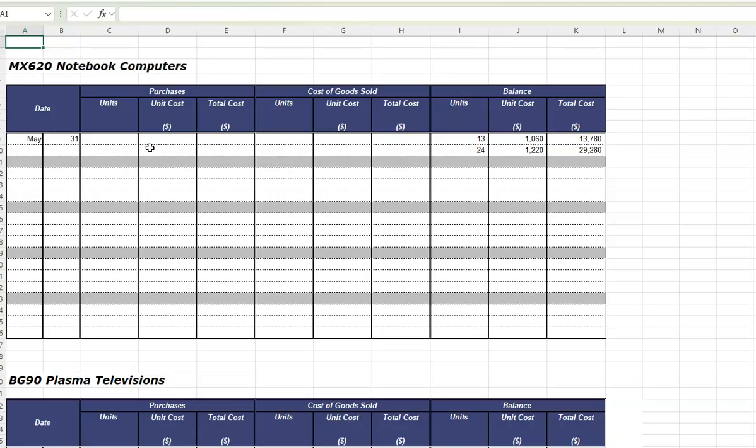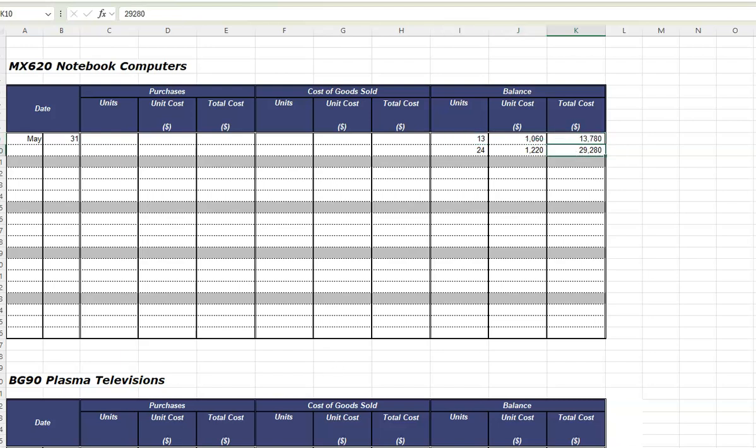Inventory cards. They have the inventory cards to work with using the May 31st balance. If you look at the notebook computers, these were our balances in the inventory. Had two layers. Look at that last one, 29,280.